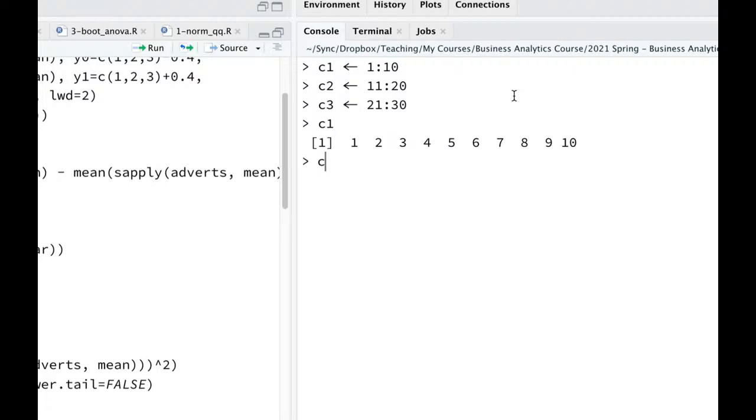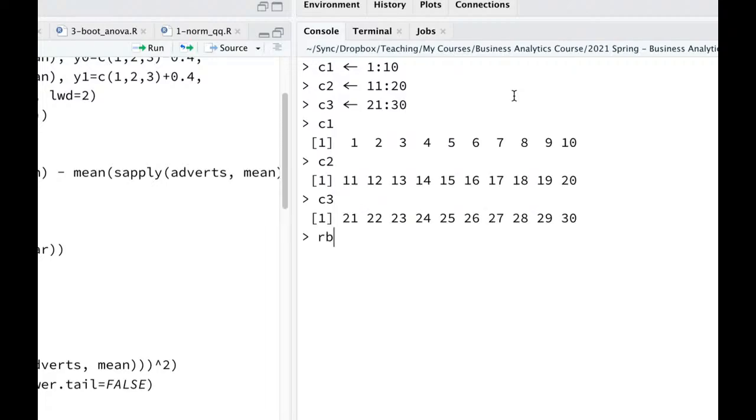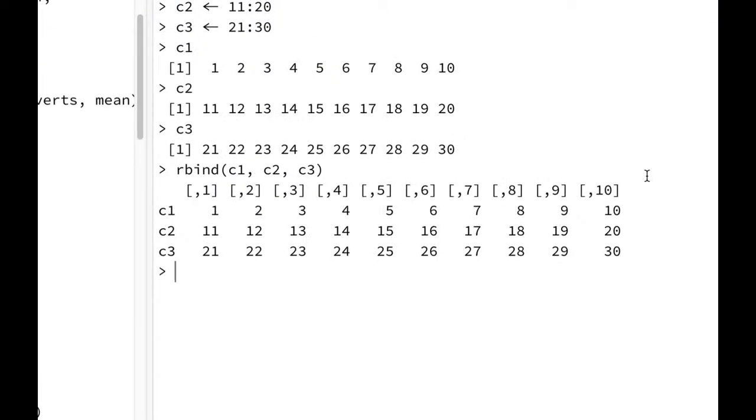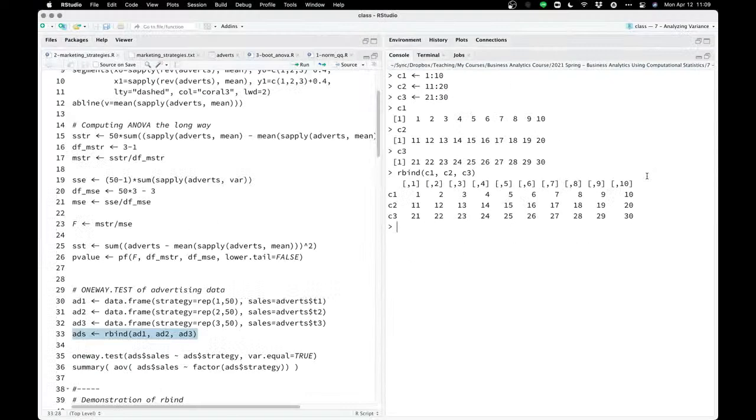Okay, so C1, C2, C3. rbind C1, C2, C3 sticks these numbers together as separate rows.